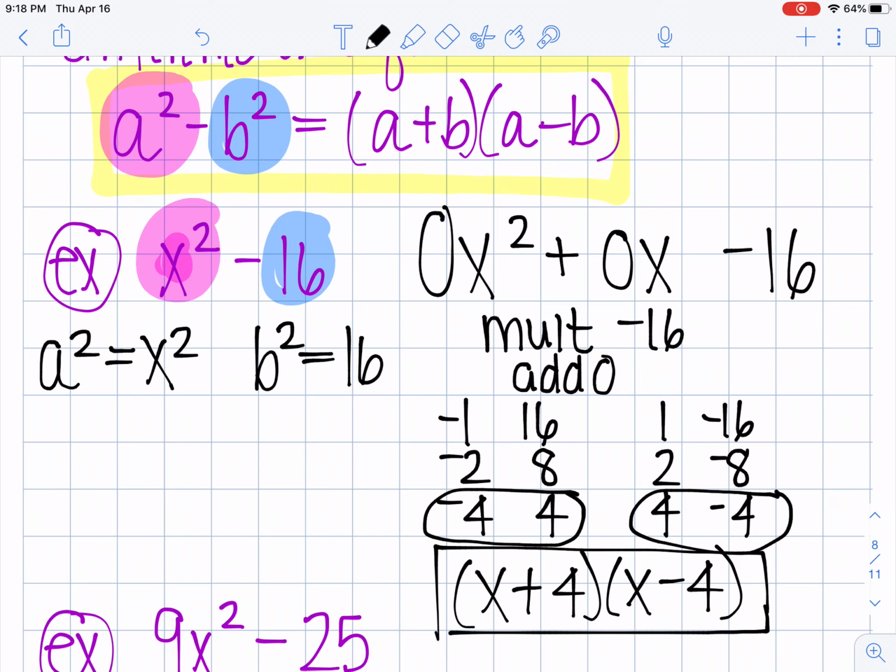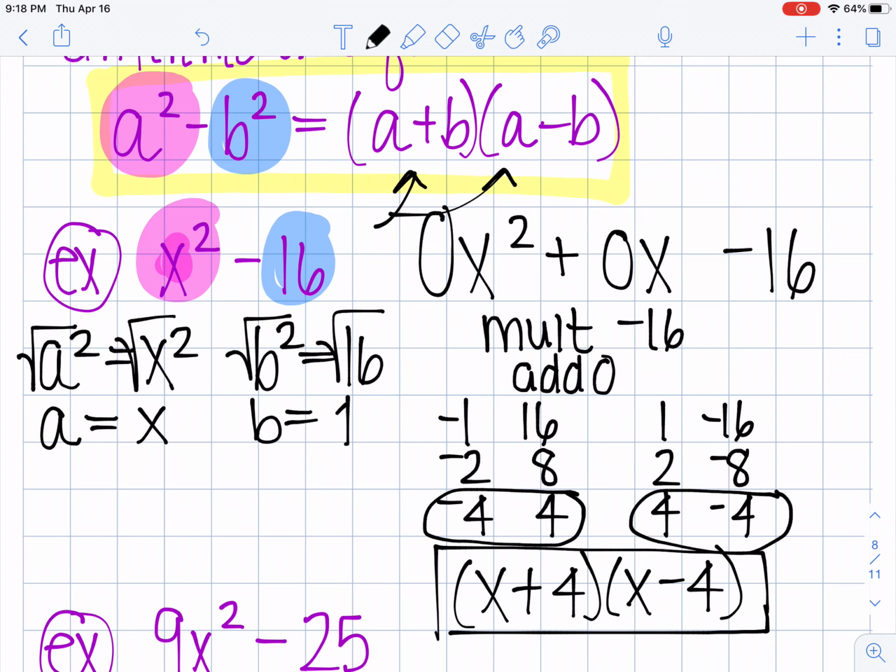So I want to solve for a and b so that I can take those and plug them in the formula here. So to undo a squared, I'm going to square root. So the square root of a squared is a, and the square root of x squared is x. I'm going to do the same thing for the b. I'm going to square root b squared, and I'm going to square root 16. The square root of b squared is b, and the square root of 16 is 4.